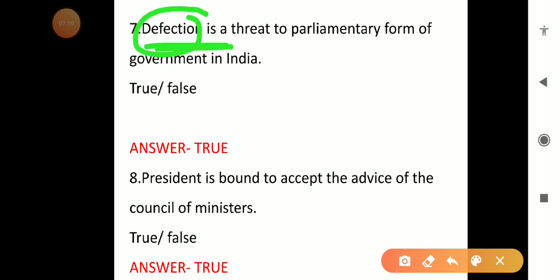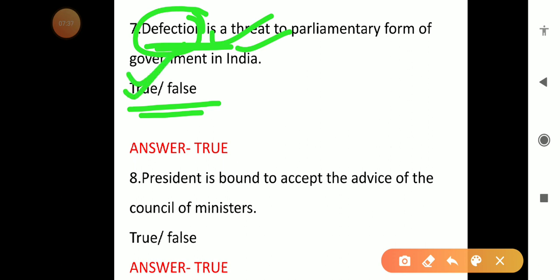In that process they also can support others to topple the government, or they become helpful in the fall of the government. So defection is a threat to the parliamentary form of government is true.